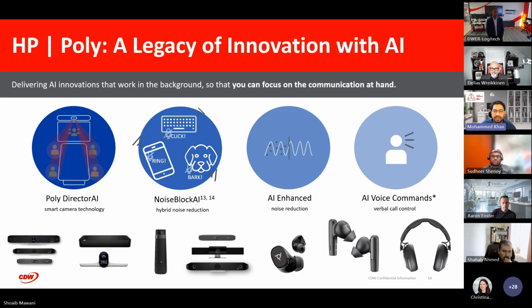It automatically frames the speaker without manual control, and it switches the participants between the cameras, whoever is the active speaker. It also offers NoiseBlock AI, which eliminates any distracting background noise while preserving natural speech, so remote participants hear only what matters.